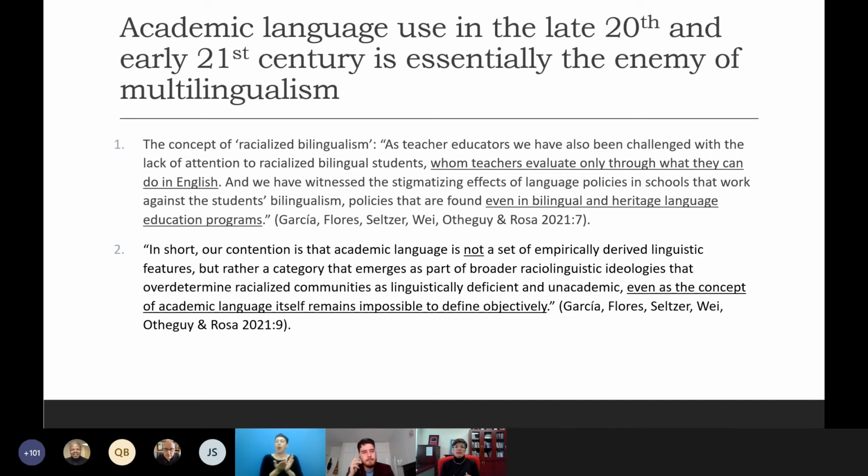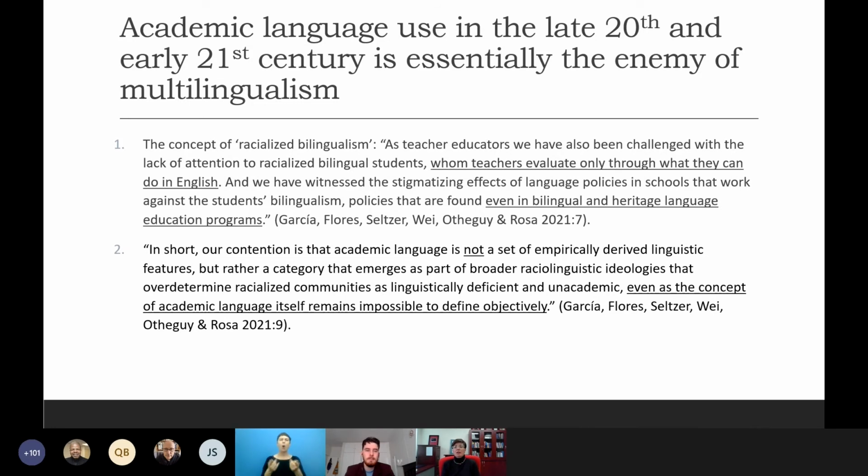But as Jarryd has just pointed out, even in bilingual situations, the acknowledgement of other languages might not come through in teaching, and therefore it's fairly useless to then introduce it in assessment. And the argument that they make very strongly is that academic language is not a linguistically identifiable entity, and, as they say, it remains impossible to define objectively.